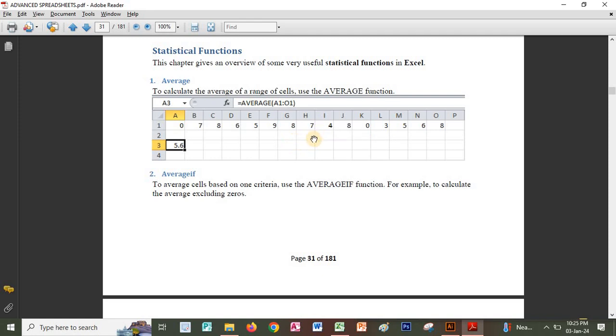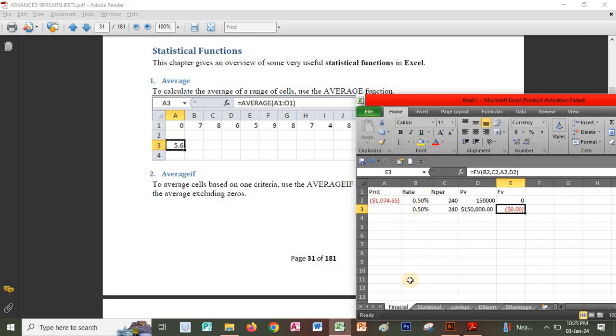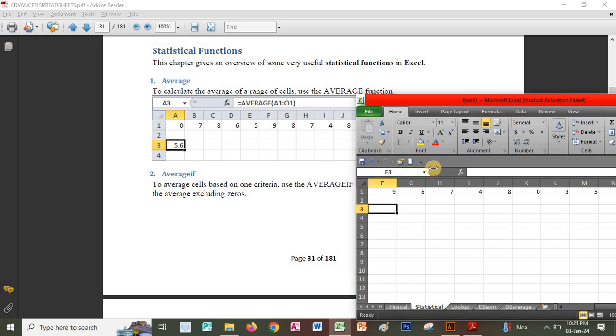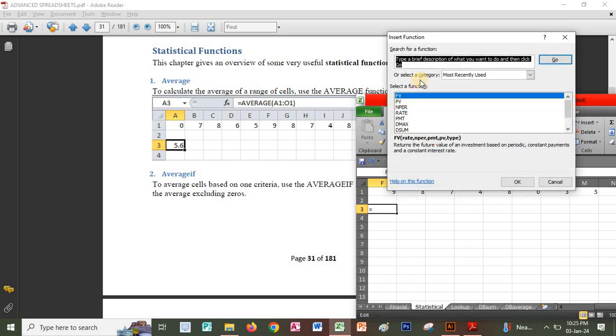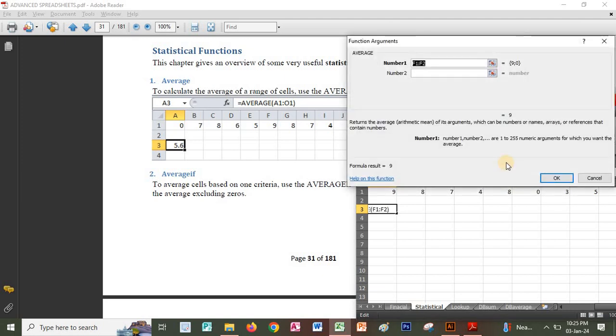For statistical purposes, if you are calculating average, what does average mean? By average we mean the mean, the midpoint, the middle value of the array of the data.